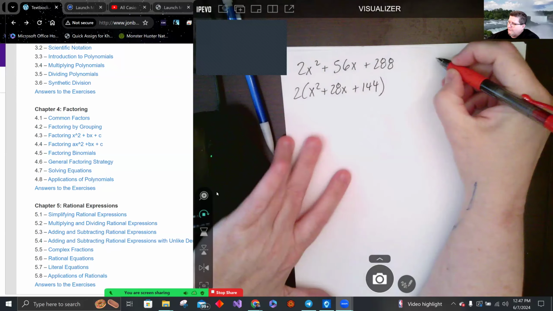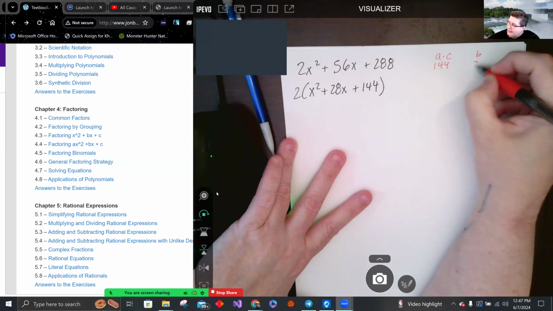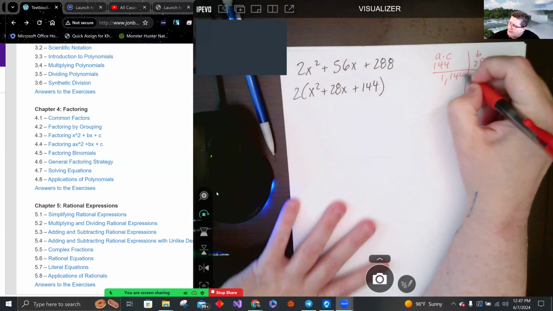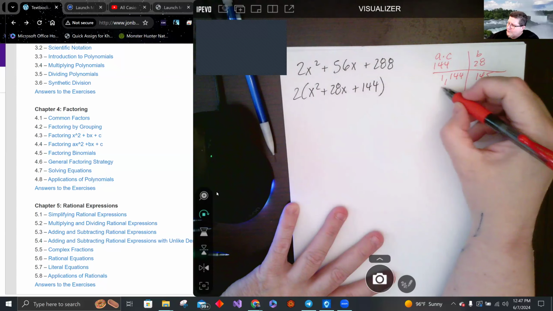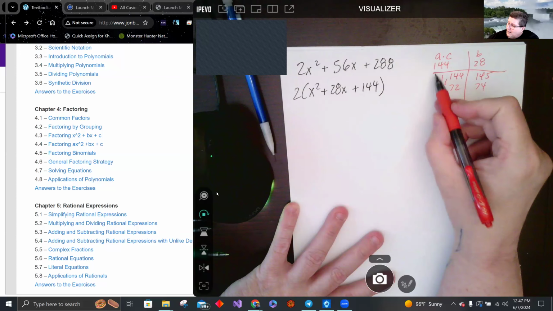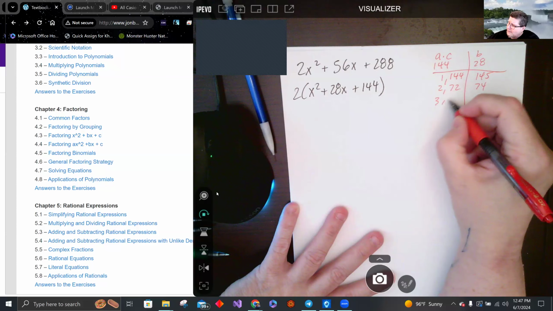All right, we're looking for 144. And it's got to add to 28. They're both positive, so they both got to be positive. This adds to 145. If I do 2 and 72, this is 74. 3 goes into it 48 times.